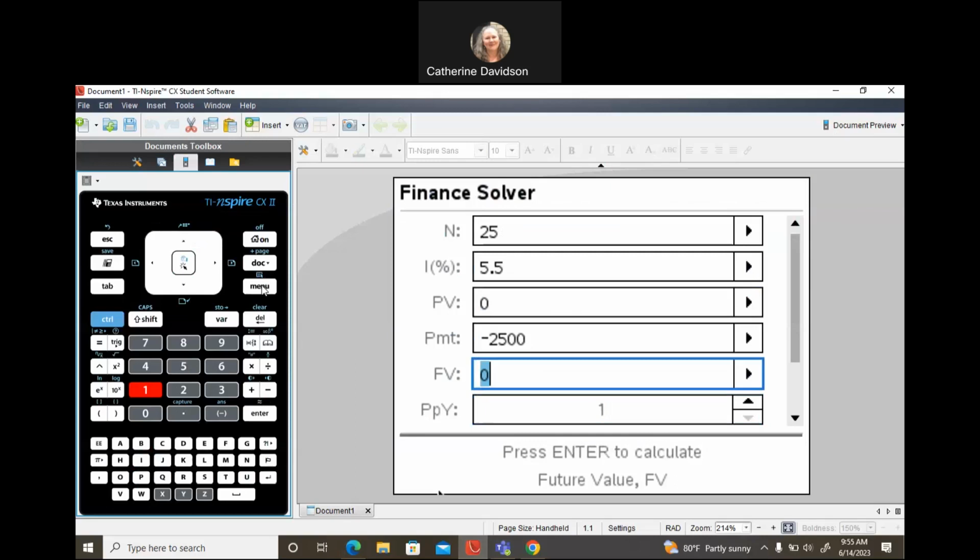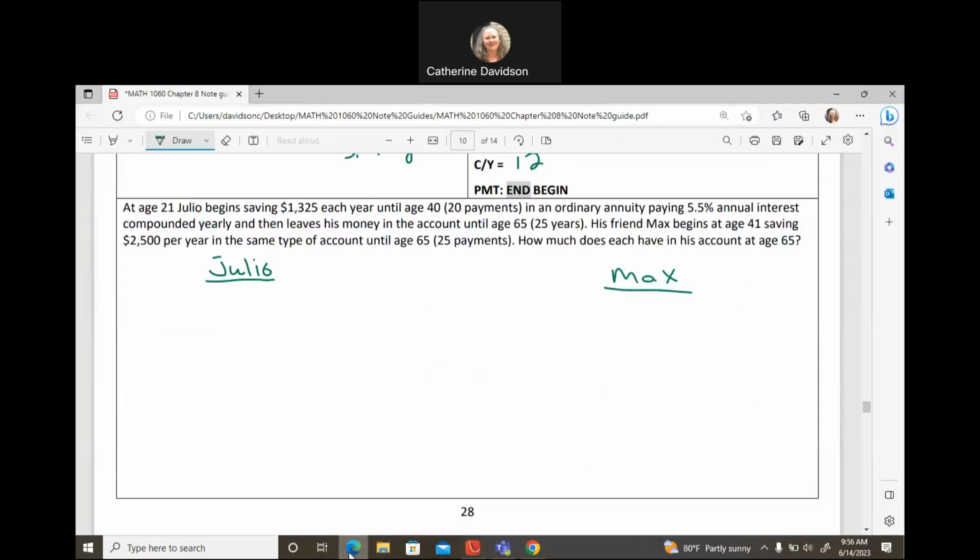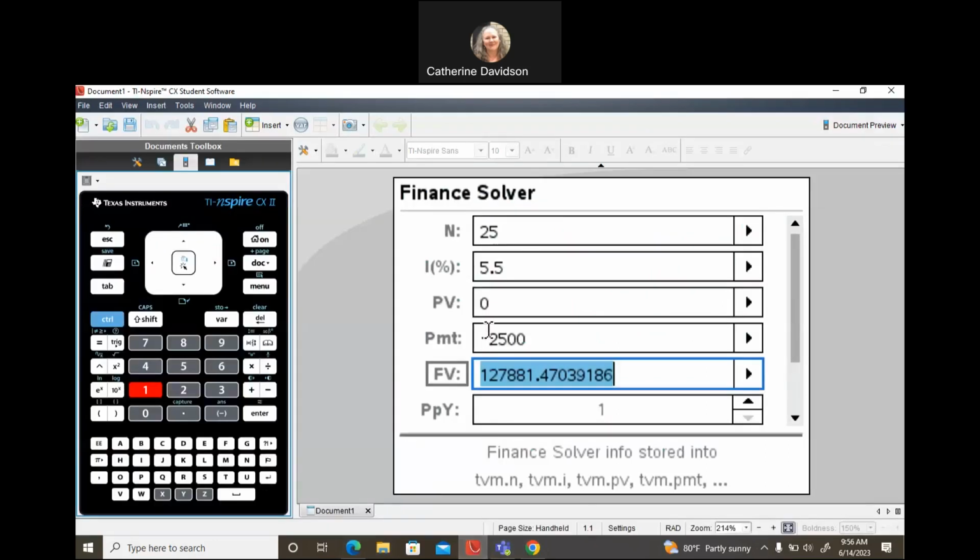We need to find out how much he's going to have in that account when he's ready to retire at the age of 65. So 1,288,17. Just put a comma there so I can compare it. So that's how much Max will have. So he started saving at a later age.